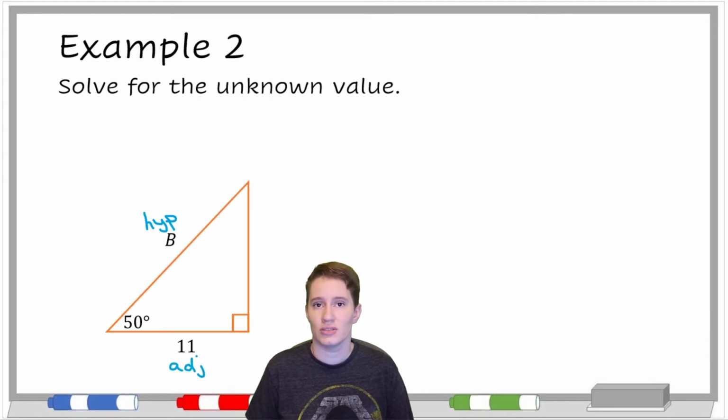So which trig function uses the adjacent side and the hypotenuse? That would be cosine. So cos 50 equals, adjacent goes on top, so we've got 11 over b.